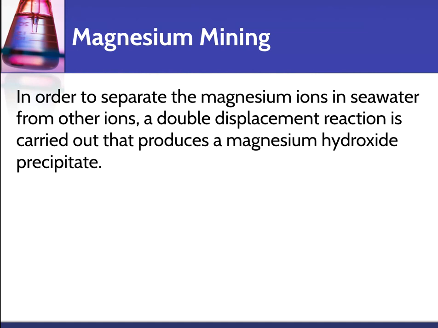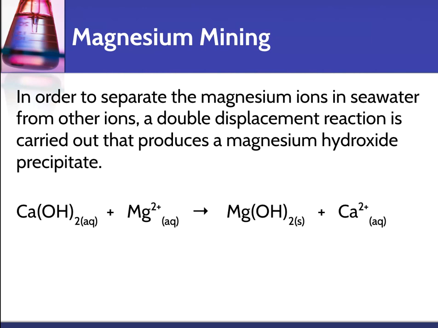First of all, we have to separate the magnesium ions in the seawater from all the other ions. The magnesium ions are the second most abundant after sodium, and so we need a way to get the magnesium out. We're going to use a double displacement reaction so that it will produce a precipitate that can then be filtered.